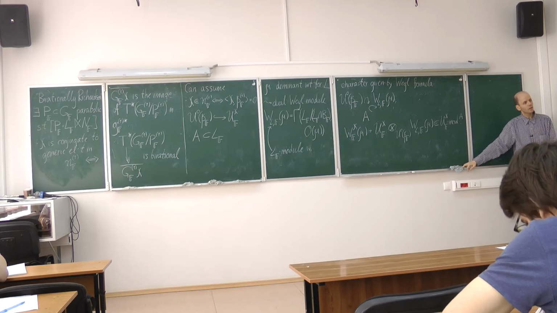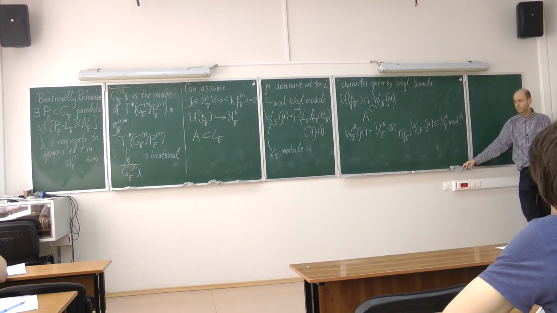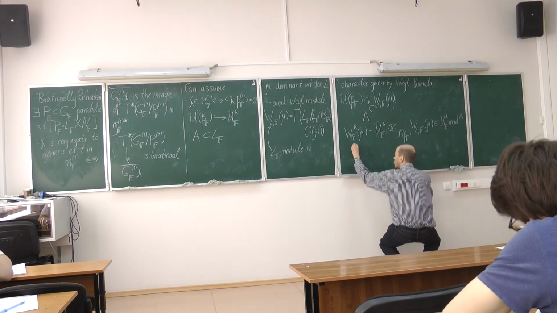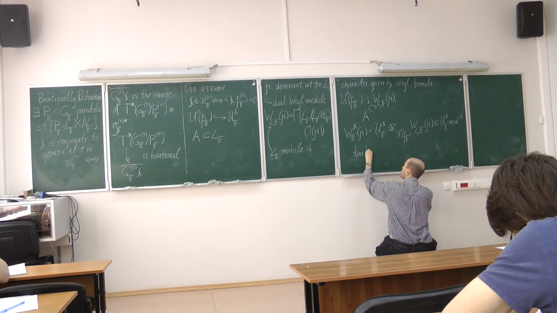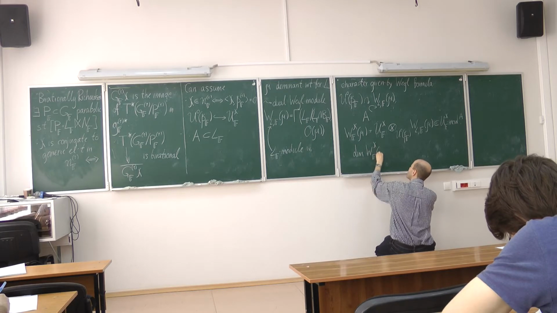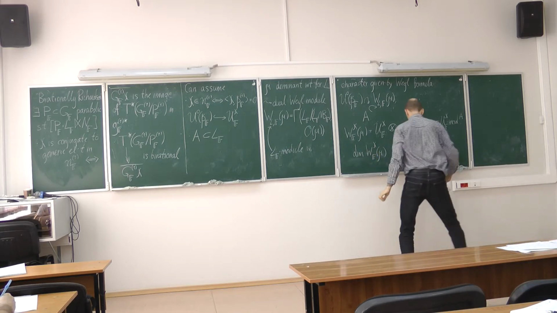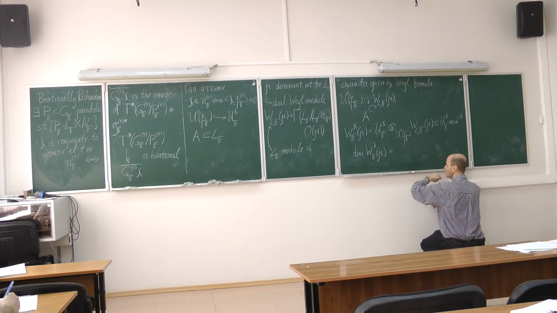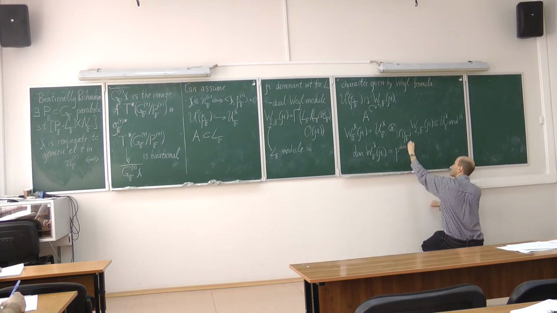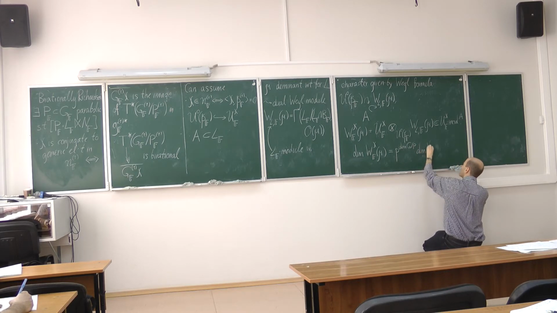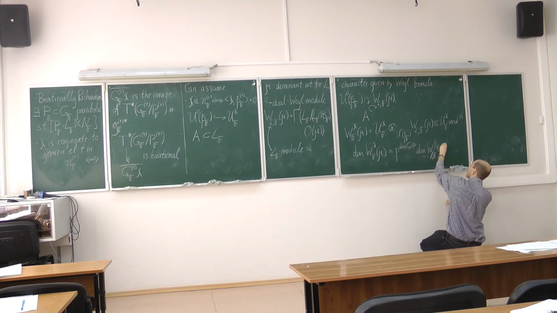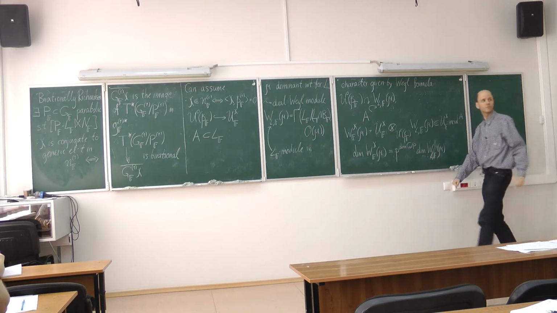Not only does it live there, it's very easy to control the dimension. So the dimension of this parabolic induction, as usual, is equal to P to the dimension of G mod P, and then multiplied by the dimension of the Weyl module.